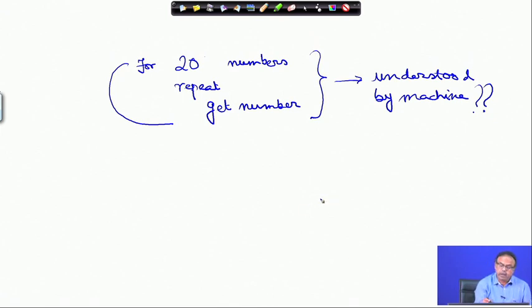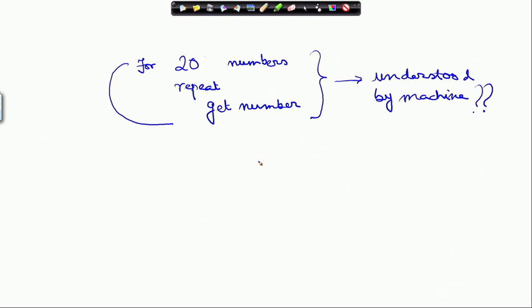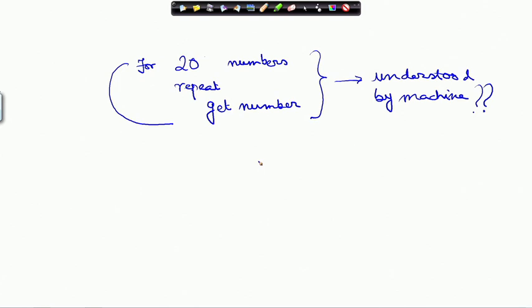So, for 20 numbers get number, in that way I can say that, or I could have written that in a little smarter form. Let me try to do that. Now, what would be the next one? I have to add those 20 numbers.